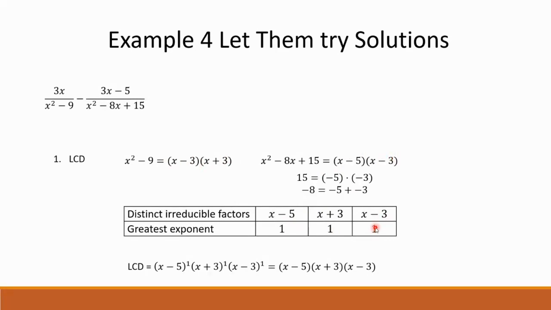So for x minus 3, the greatest exponent is 1. X plus 3 is only here, its exponent is 1. X minus 5, its only exponent is 1. So the LCD is x minus 5 to the first, x plus 3 to the first, x minus 3 to the first. Awesome.